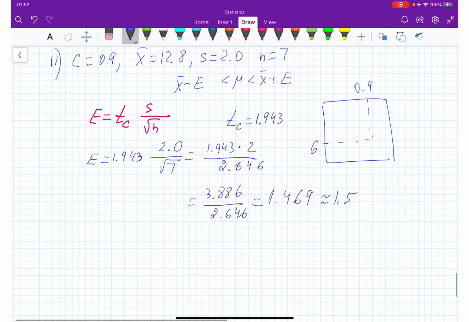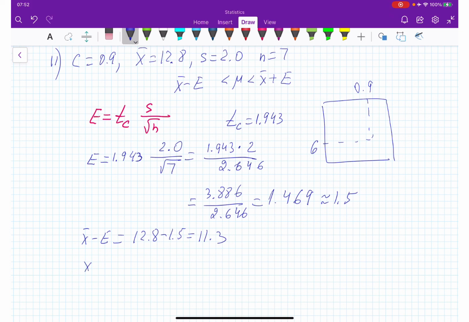So from here, x bar minus error is going to be 12.8 minus 1.5, and that is going to be 11.3.